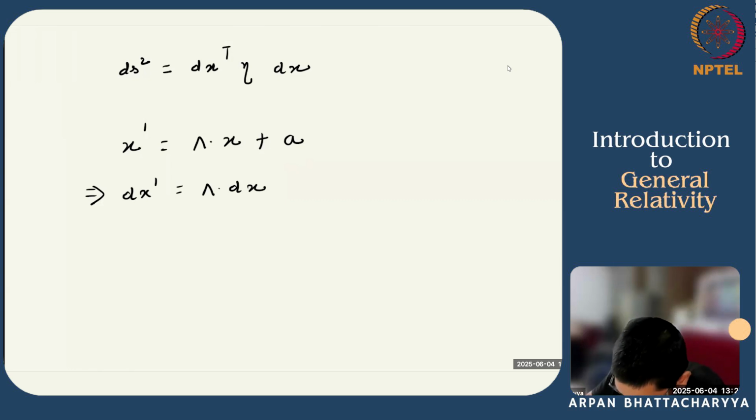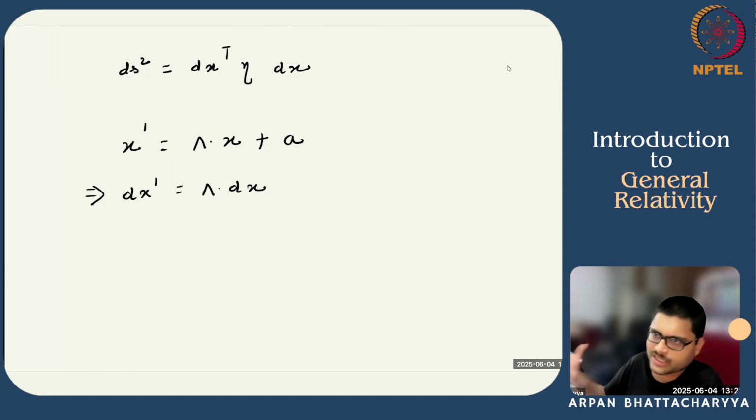Remember that these Lorentz transformations do not contain x, the coordinates. It's just a function of the uniform velocity parameter, or we'll say it can be a rotation matrix also. The essential point is that when you take differential, you have this.